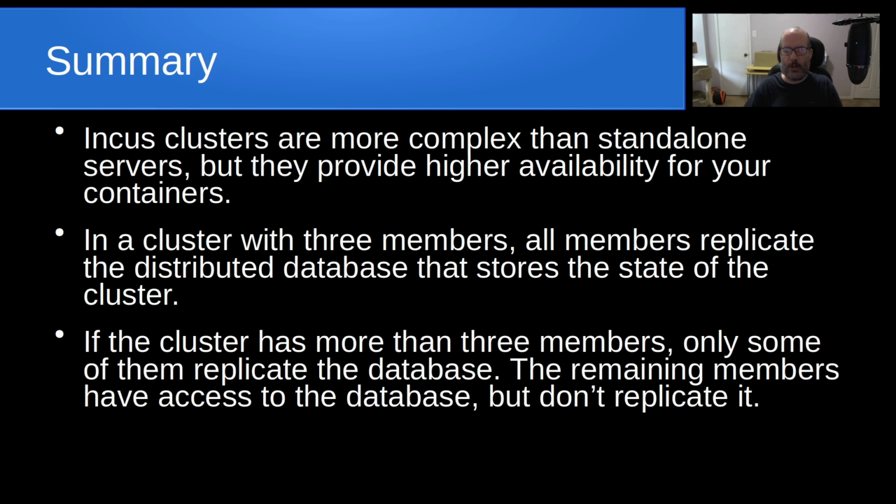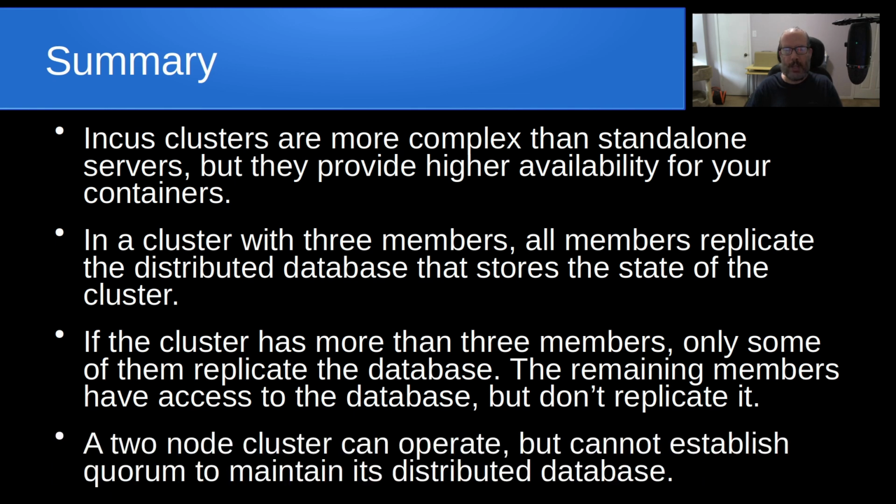If the cluster has more than 3 members, only the first 3 replicate the database. The remaining members have access to the database, but have no need to replicate it. A 2-node cluster can operate, but cannot establish quorum to maintain its distributed database.